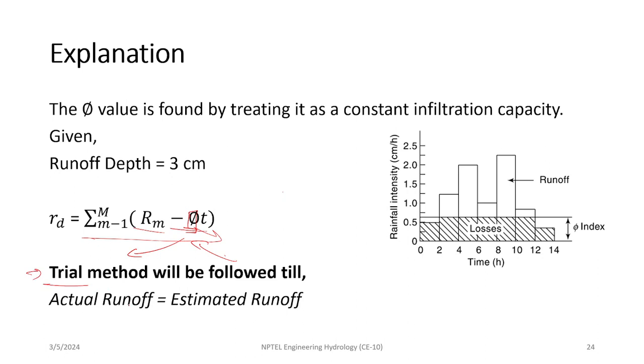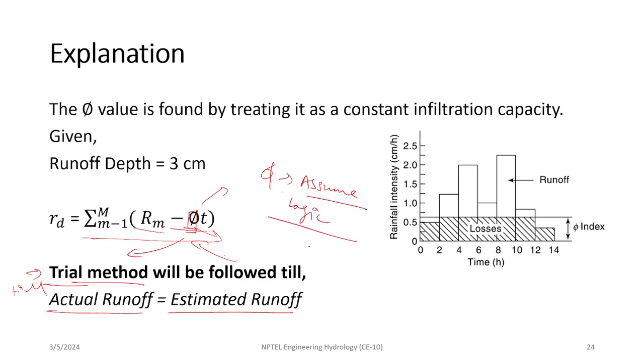This trial method will be followed till we get actual rainfall equivalent to estimated runoff. Means what? For every assumed value of phi. Now, why I'm saying trial method: phi will be assumed, but definitely there will be a logic related to that.